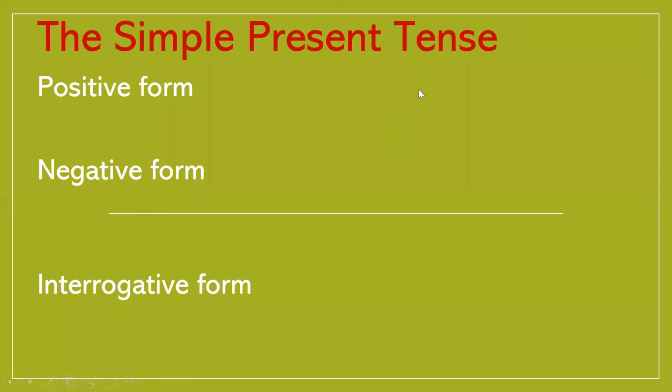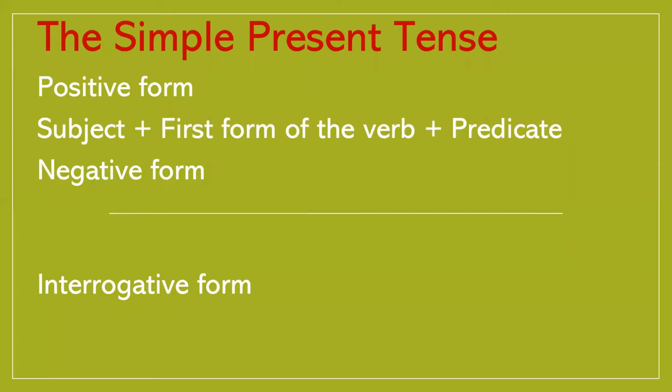Now who will tell me the structure of the positive simple present tense? Ishani Shrivastava, 8B. Ishani, tell me. Ma'am, subject plus the first form of the verb and the rest of the predicate. Yes. Subject plus first form of the verb plus the predicate.